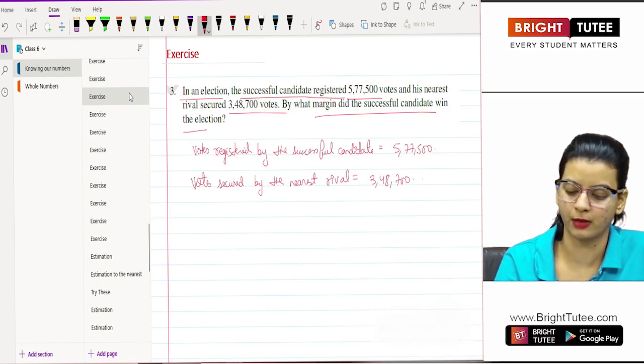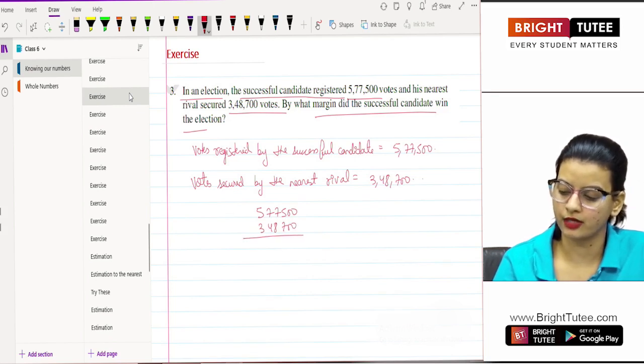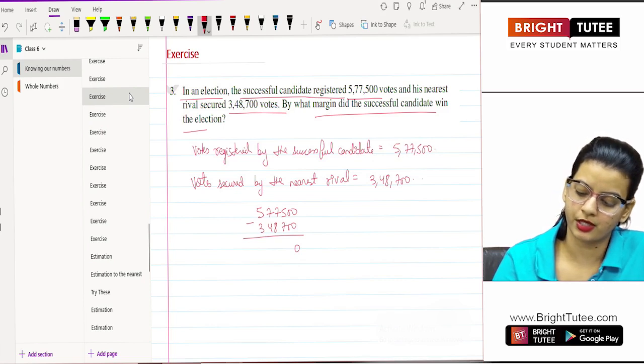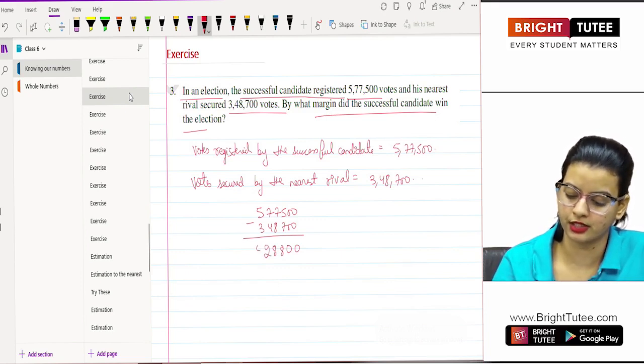In order to find out the margin, we will subtract 3,48,700 from 5,77,500. 0 minus 0 is 0, 0 minus 0 is 0. Now this will borrow. So 15 minus 7 is 8. This becomes 6. It will again borrow. So 16 minus 8 is 8. Now this has become 6. 6 minus 4 is 2 and 5 minus 3 is 2.